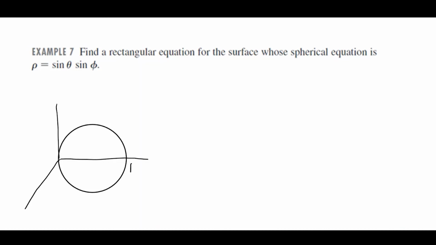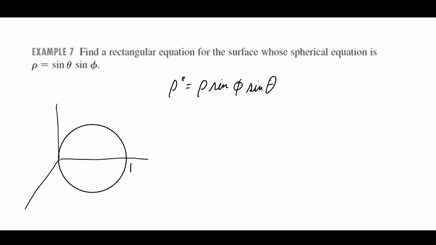I multiply both sides by rho because we used to multiply both sides by r for something like this. So we have rho squared is equal to rho sine theta. Let me write sine phi first. Sine phi sine theta. Good.